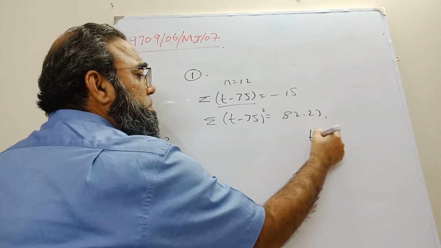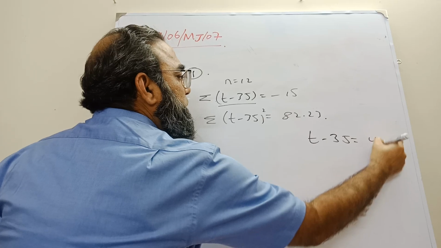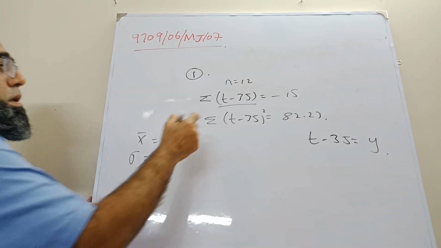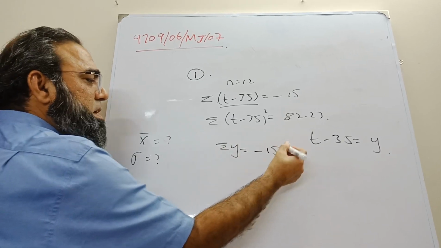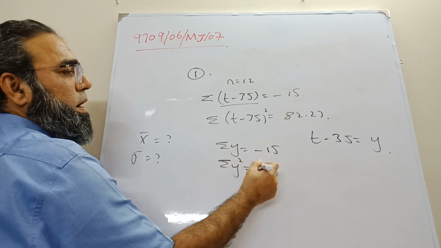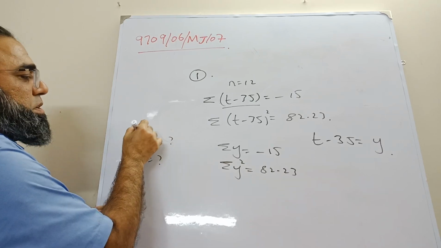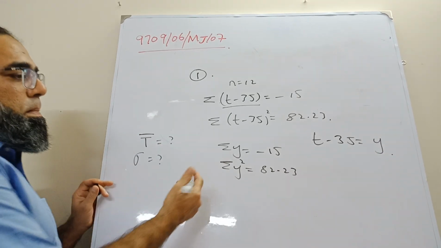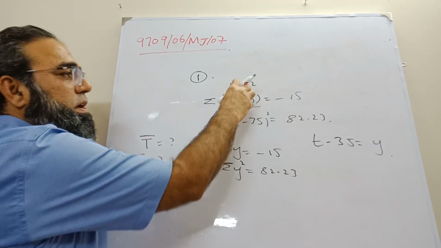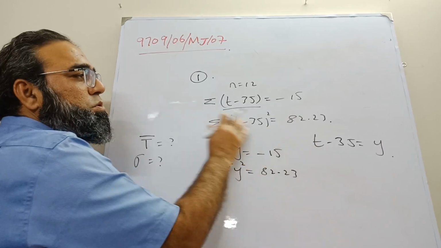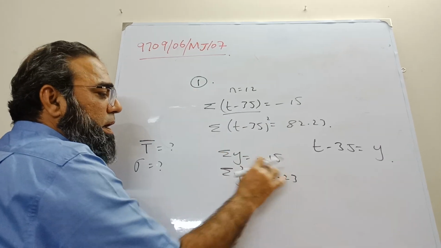So now sigma y is minus 15, sigma y squared is 82.23, and you have to find the mean time, changing the symbol from x to t. This is your coded data, the new data. We have taken 35 out of all the times, so your assumed mean is 35.